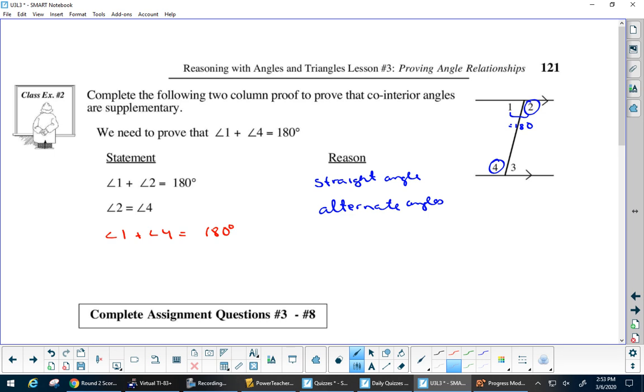Why? Because angle 2 equals angle 4. See, if 1 and 2 equals 180 and 2 equals 4, 1 and 4 should equal 180, right? Are you seeing that? Are you picking up what I'm putting down here?